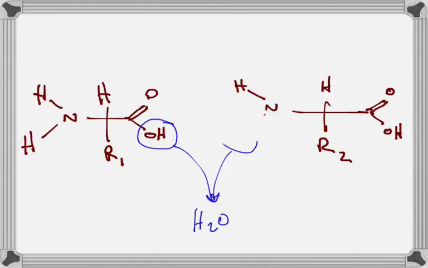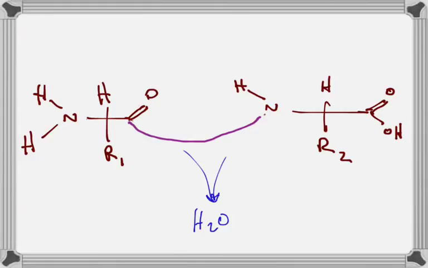And I'm just going to erase them now. And then we get a bond between this carbon and that nitrogen. And this is actually known as a peptide bond. The only reason why I bring that up is because the other name for a protein is a polypeptide. Repeated peptide bonds over and over again.